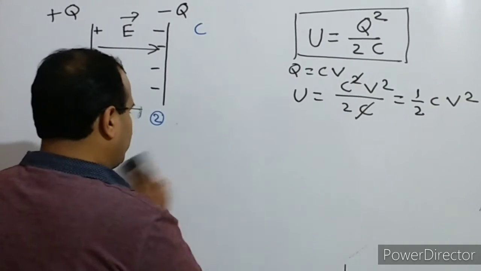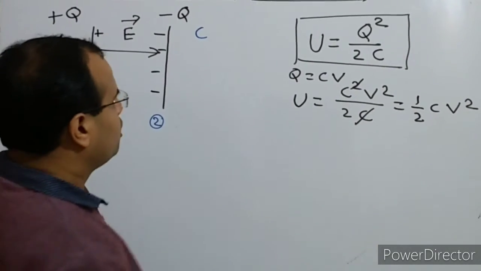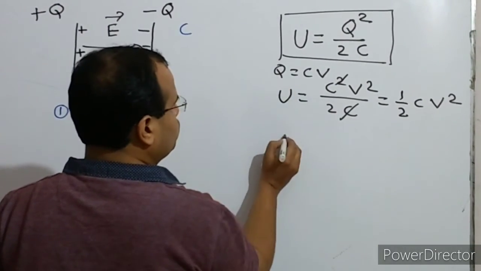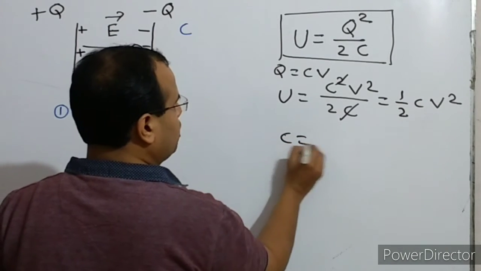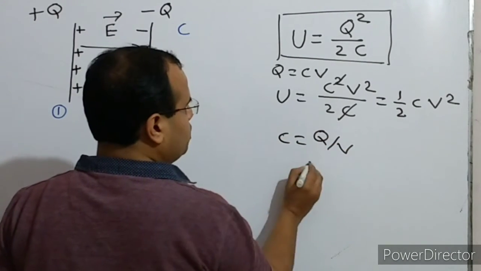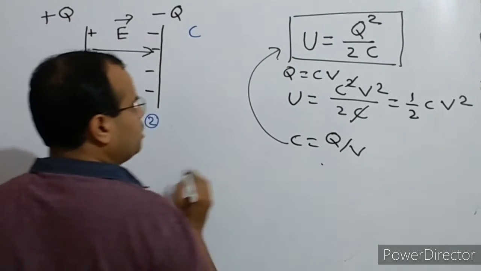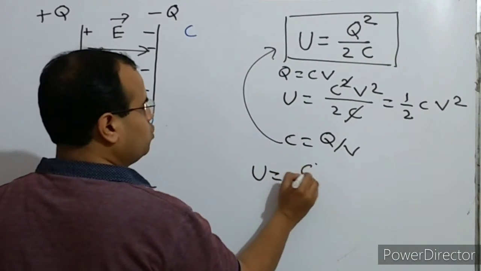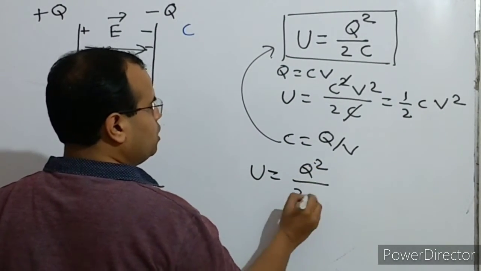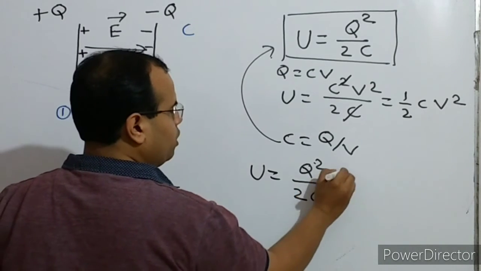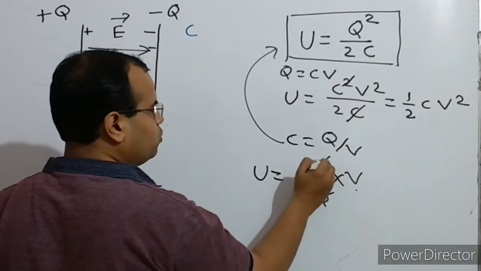Or you can also write that Q equals CV. So from here you can write C is equal to Q upon V. This C equals Q upon V you can substitute here. So it gives you U is equal to Q square by 2C, where C is Q upon V. V will go in the numerator. Q and Q are cancelled.